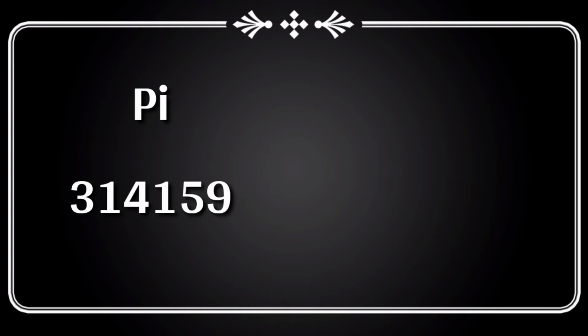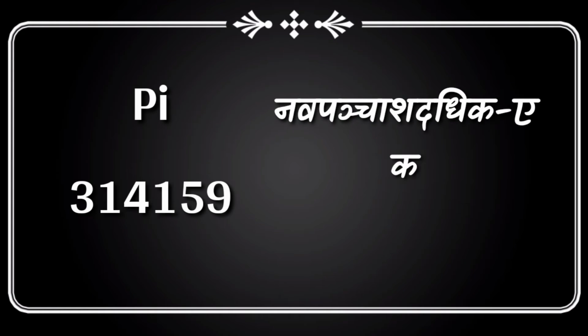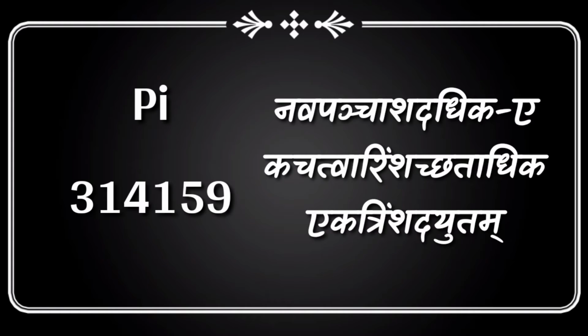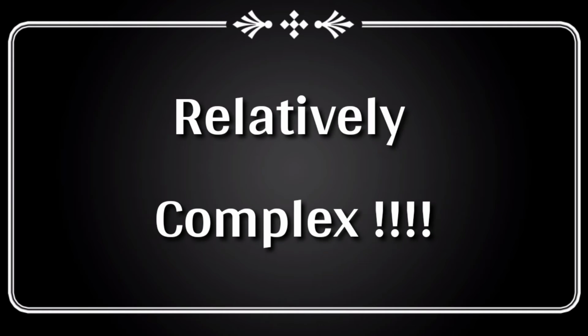So the number is Navapanchashatadika Ekachatvarimshashatadika Ekatrimshadayutam. So it is a relatively complex system of numeration in Sanskrit compared to the other systems. So let us look at the second system of numeration.